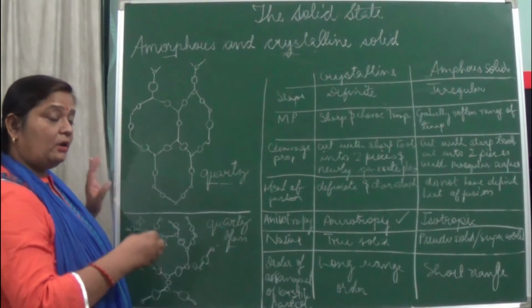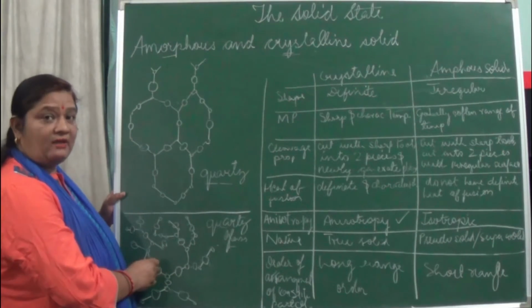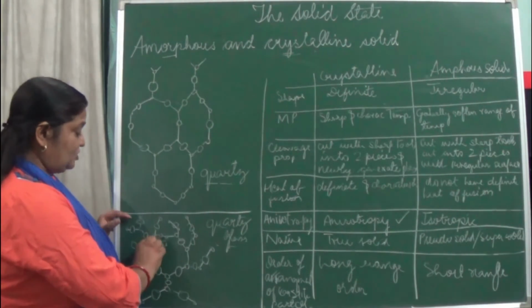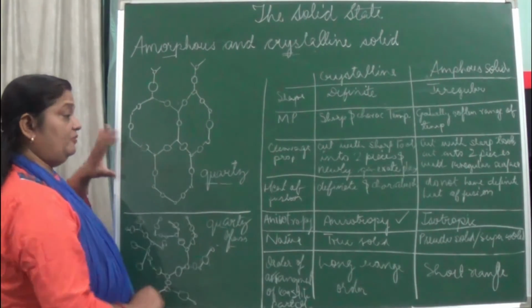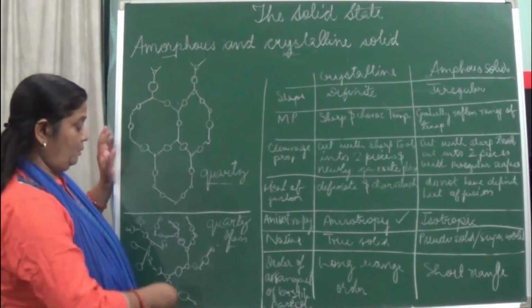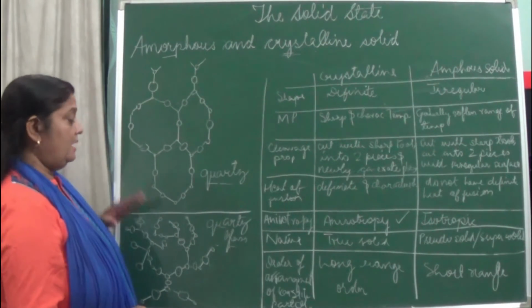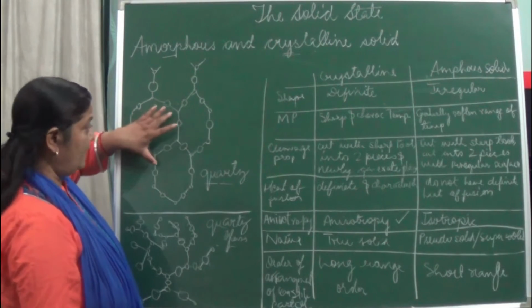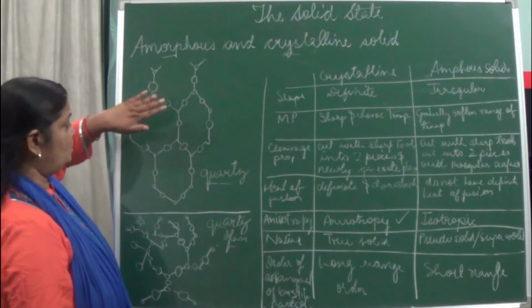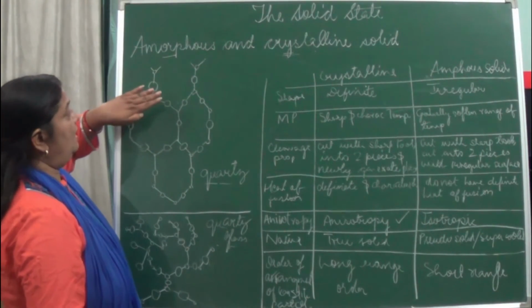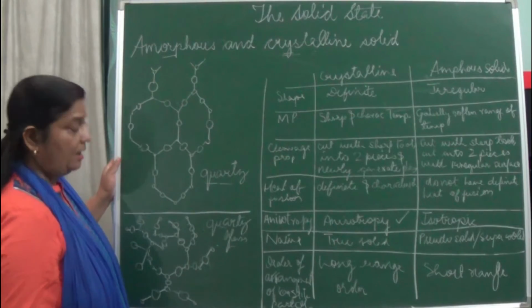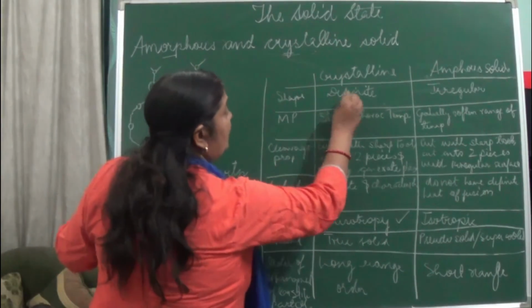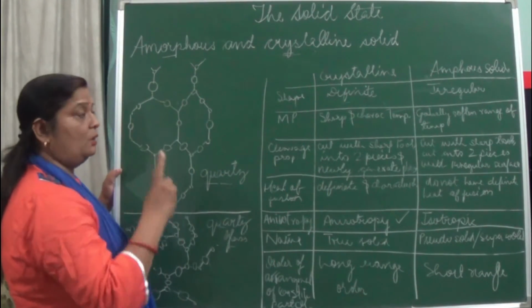So in the short range, it has a definite shape, but in the long range it becomes irregular in nature. Crystalline solids, in long range or short range, remain in the same order. So crystalline has a definite shape in short as well as long range.